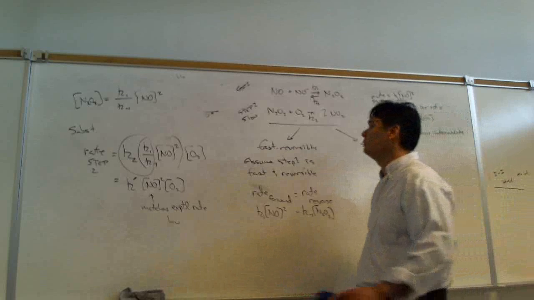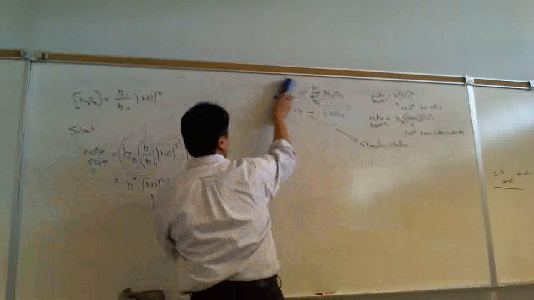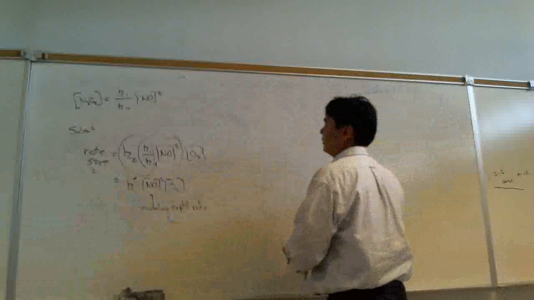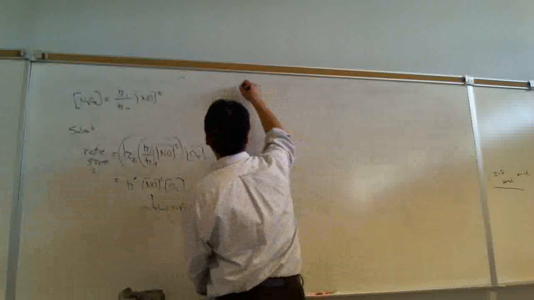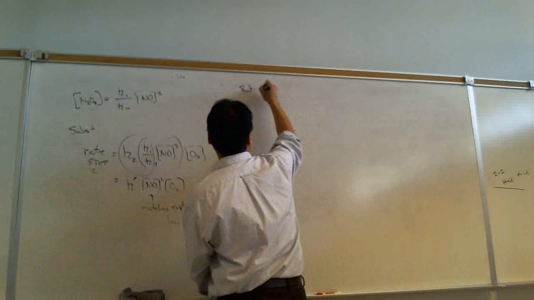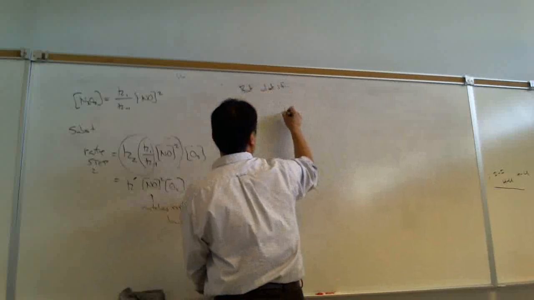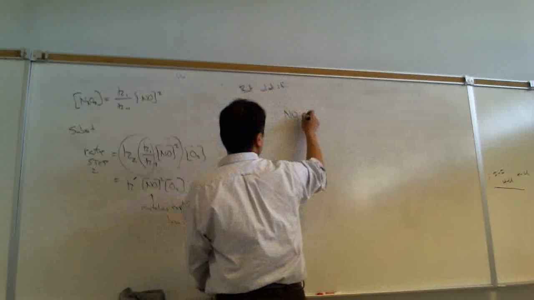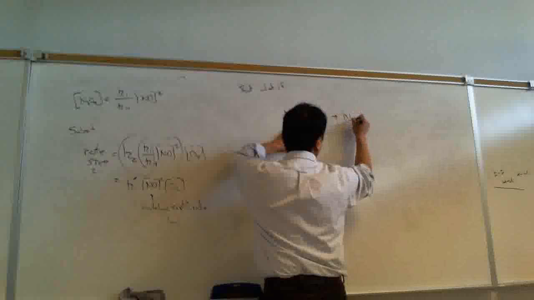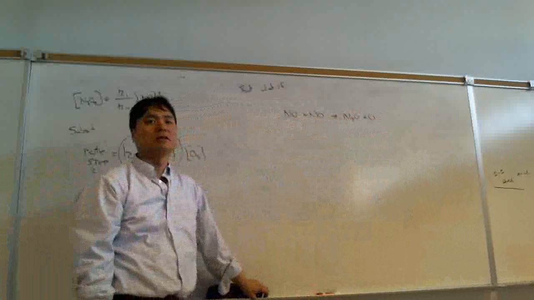But what if I didn't pick that one? So this matches, it's consistent. But what if we started with this collision? The same thing, NO plus NO. But in this case, let's go with maybe nitrous oxide plus free radical oxygen.